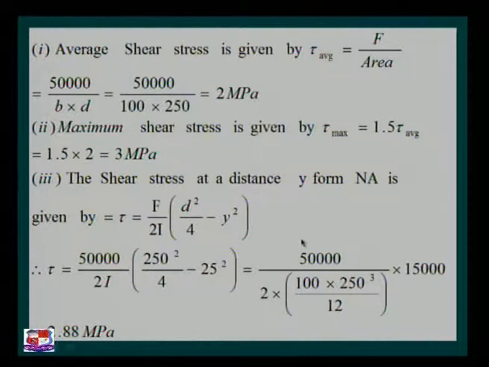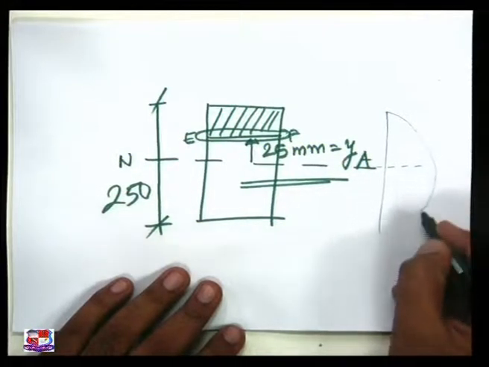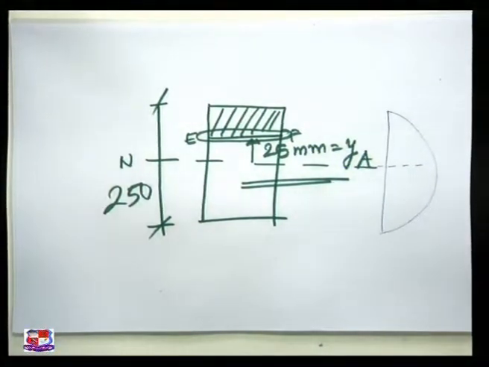So if we draw the variation, please see on this tabletop, we know the distribution diagram is like this.